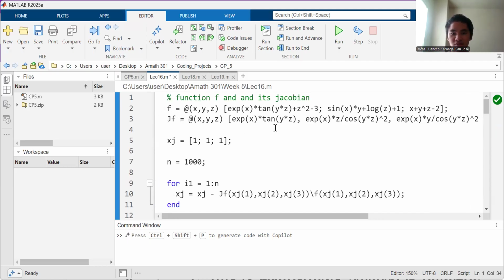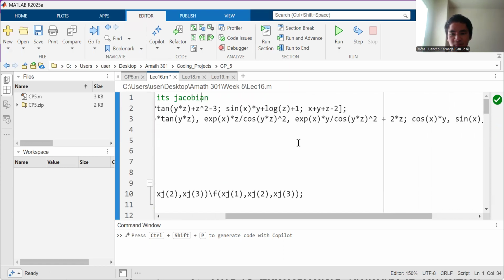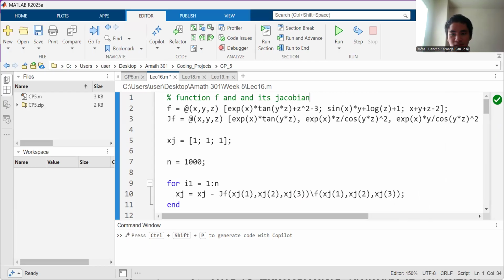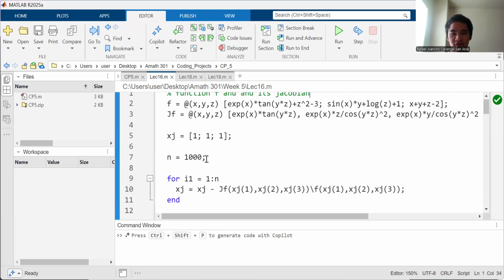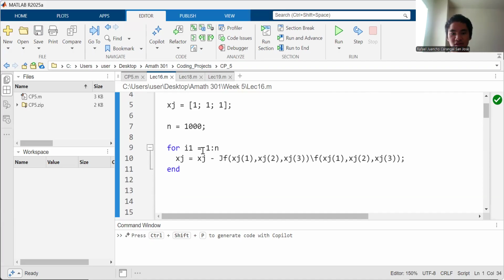And then we have our Jacobian of that function right here. And then from there, we get a number of iterations here. And then for our index, we do a for loop. Here we're doing our scheme, our iteration scheme, and then we end.